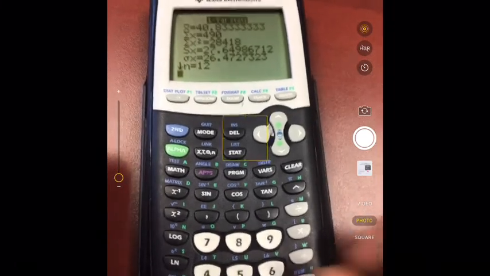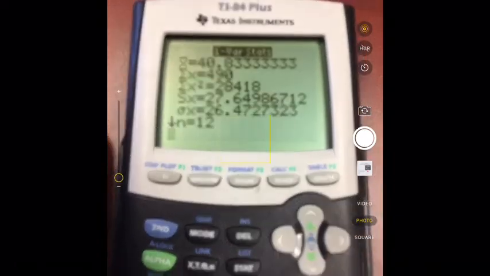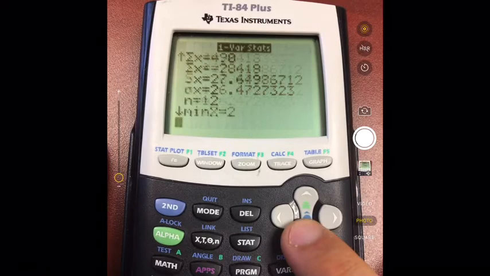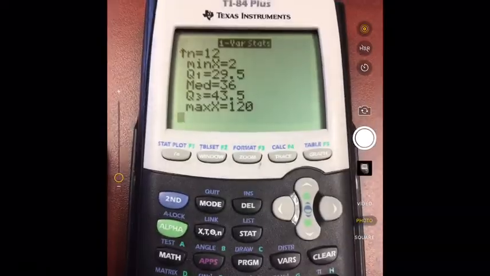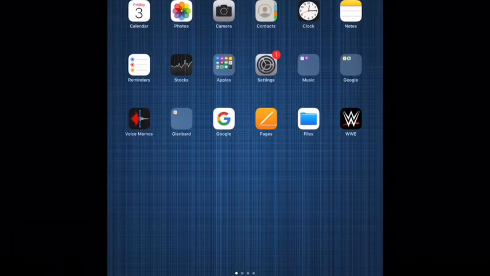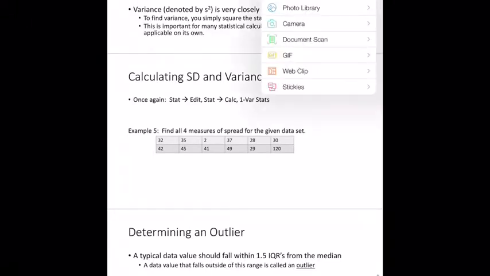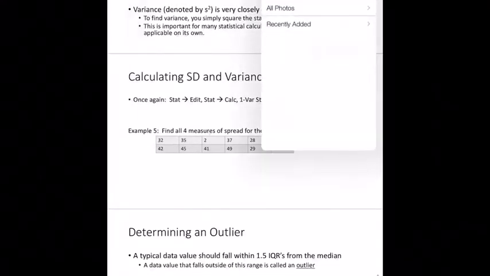Now, there are some important things here, so what I'm going to do is I'm going to take a picture of this, get as close as I can. I'm going to slide down and take a picture of this. And we're going to use those pictures here in a moment. Okay, I'm going to pull this up using my information from the calculator. Let me dump this in for you.